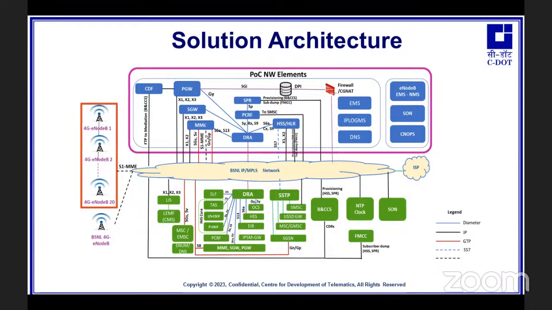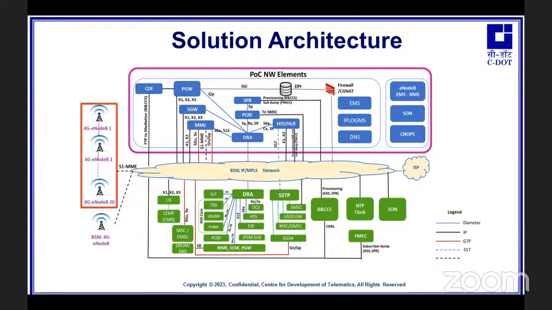And there is an existing node, FMCC. In FMCC we are sending the subscriber dump on a daily basis. So from the SPR, from the HSS, the dump of the postpaid subscribers goes to the FMCC server. Okay, and there we are using the NTP clock of BSNL.